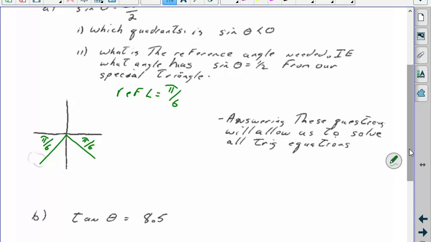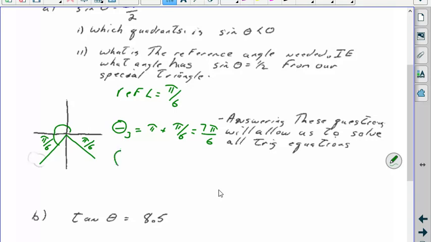We have two solutions. We have theta in quadrant 3 is going to be pi plus pi over 6. So pi plus pi over 6 is 7 pi over 6.